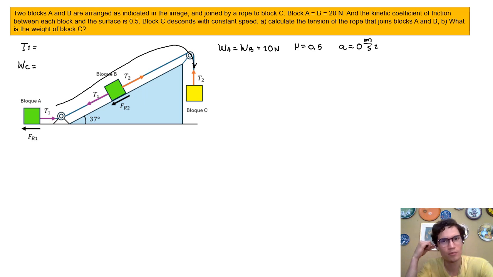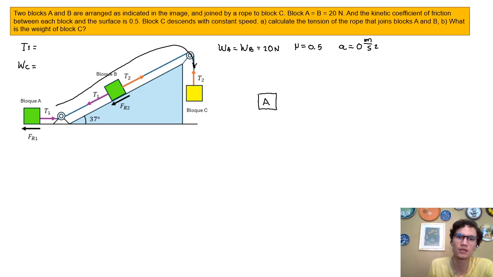Alright, let's solve the problem. First, we can start from left to right with the block A. All the forces that interact in this diagram with the block A will be the normal force first, the weight of the block A, and tension 1.